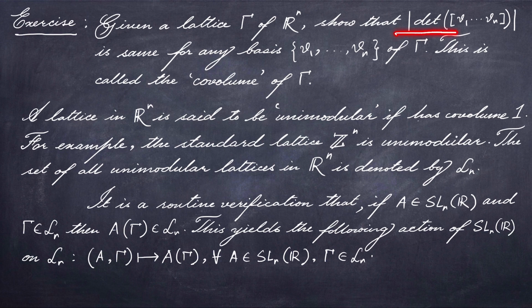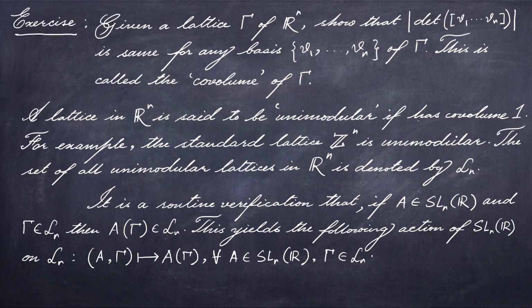So in view of that, it's immediate that this quantity does not change upon the choice of the basis. Since it doesn't depend upon the choice of the basis, we can give this quantity a name. Here it is called the co-volume of the lattice gamma.